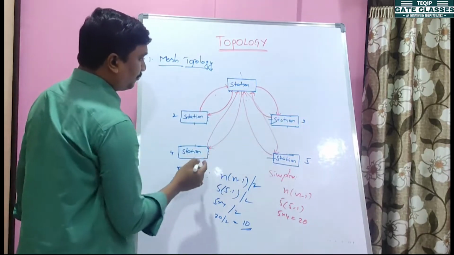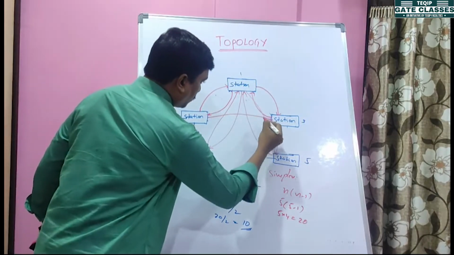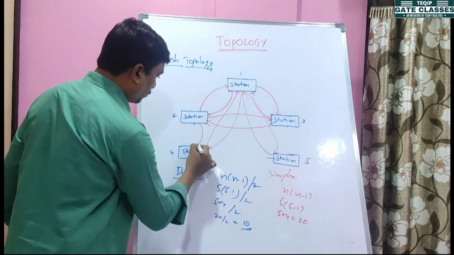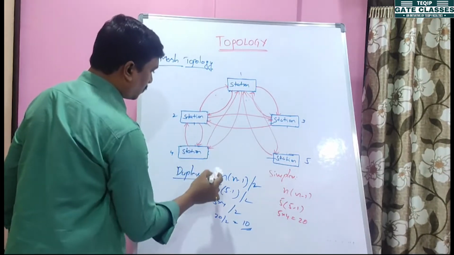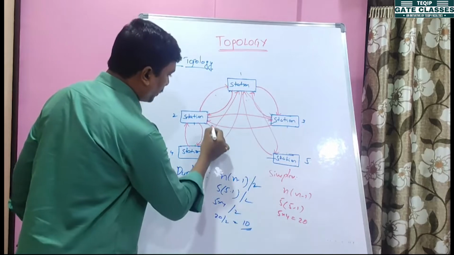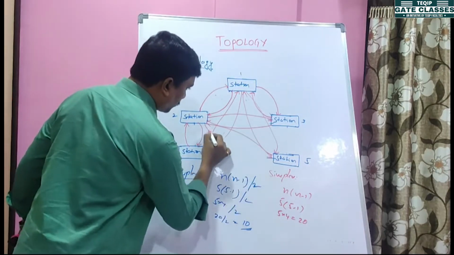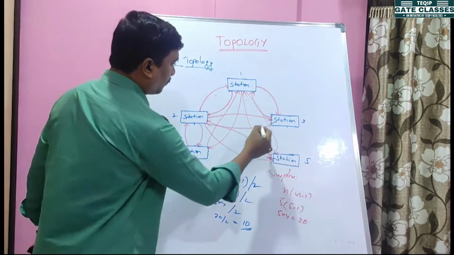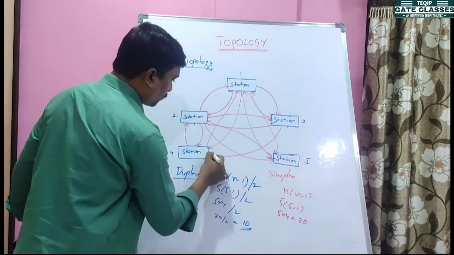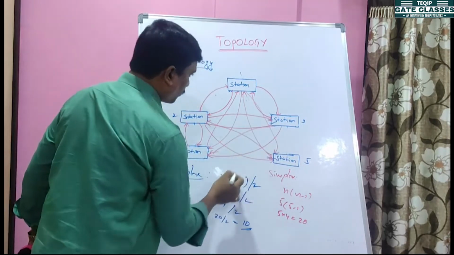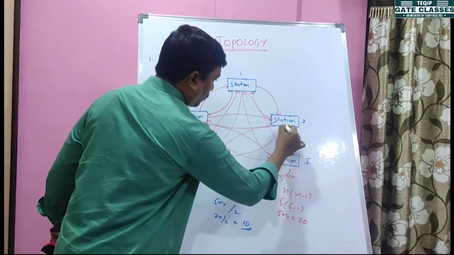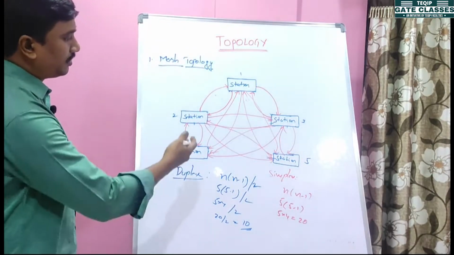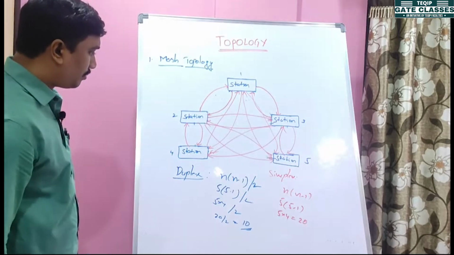Station 2 to station 3, sending and receiving. Station 2 to station 4, station 2 to station 5. Similarly, station 3 to station 4. Right? Is anyone missing?